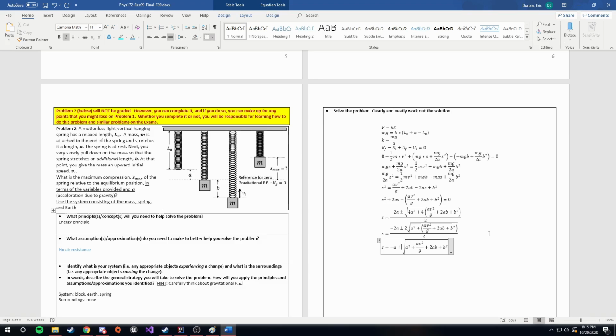Actually, no. Because it's L naught minus L final, or L, like your actual length. So it's negative. I don't know. But you want a positive force, because it's like pushing, or it's trying to extend.